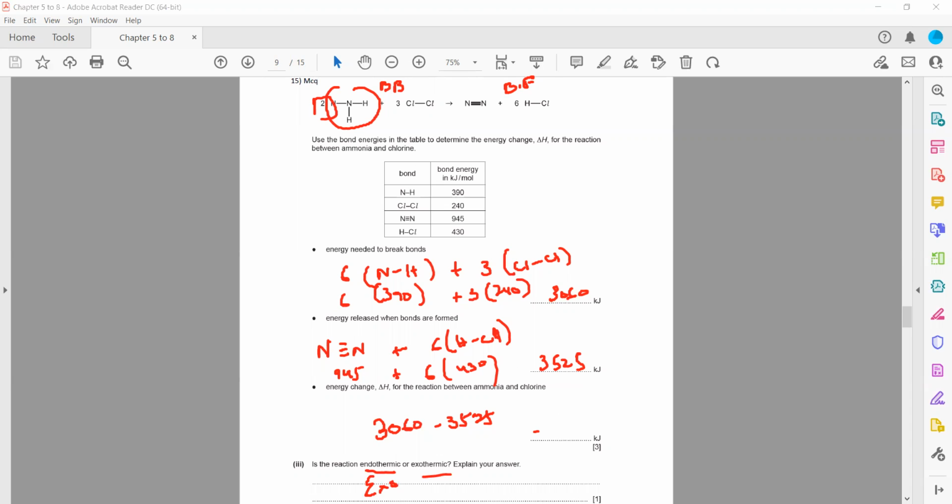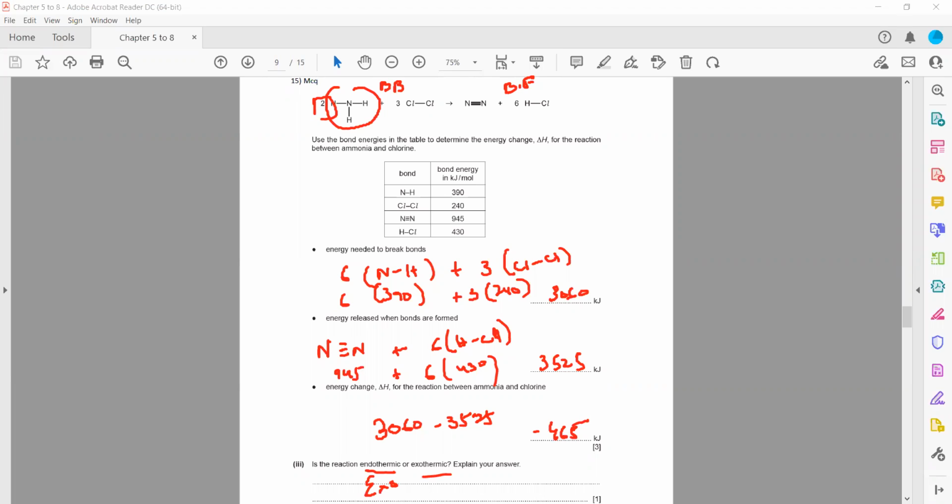The energy change, 3060 minus 3525, will be the energy change during the reaction: minus 465 kilojoule per mole.